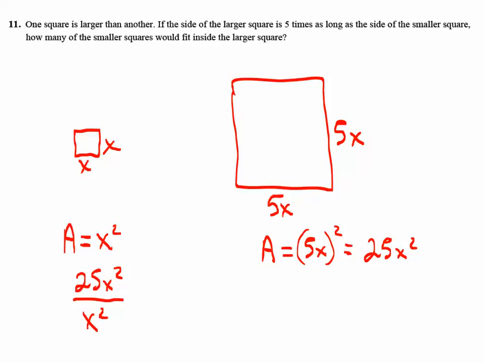So what's going to happen to those x squareds? They cancel off, or you can say 2 subtract 2 is 0, so x to the 0 is just a 1, but technically they'll just drop off. And so if one side of a square is 5 times as big, that means 25 of these small ones would fit in here.